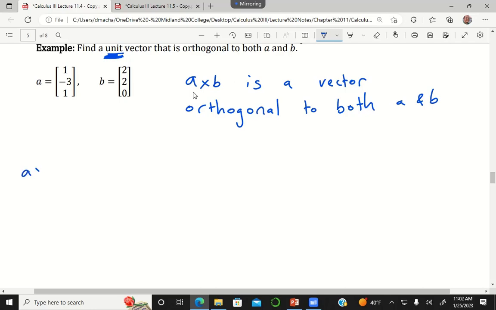So a cross b is going to be this. Hopefully you guys remember from last time. This is going to be the determinant of this matrix, where I'm going to put the entries of A in the second row and the entries of B in the third row.